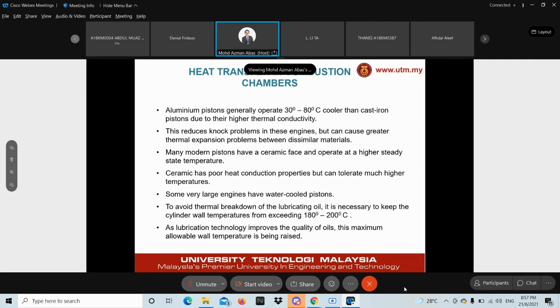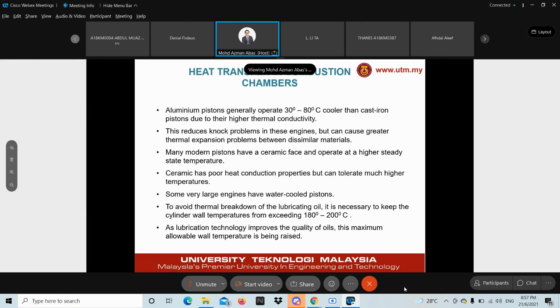It's just information. Aluminum pistons generally operate between 30 to 80 degrees cooler than cast iron pistons due to the high thermal conductivity. Of course, the usage of better materials can definitely bring down the temperature, but you may not want to go for aluminum pistons because they are very expensive compared to cast iron.